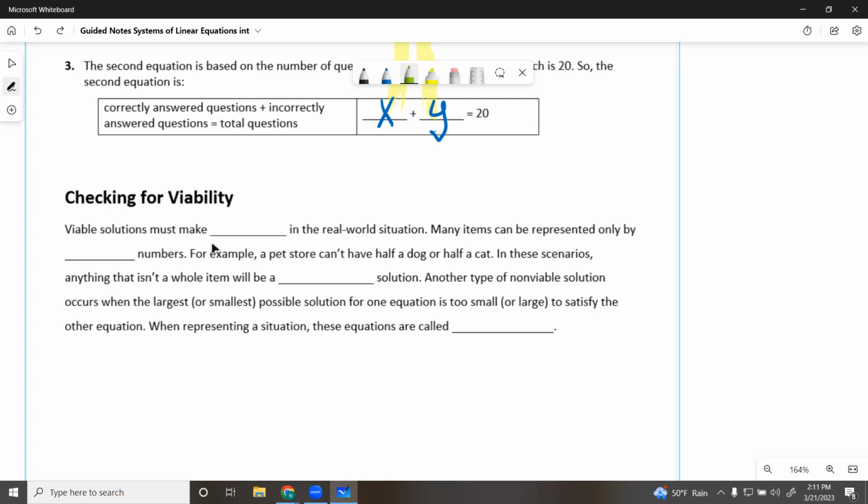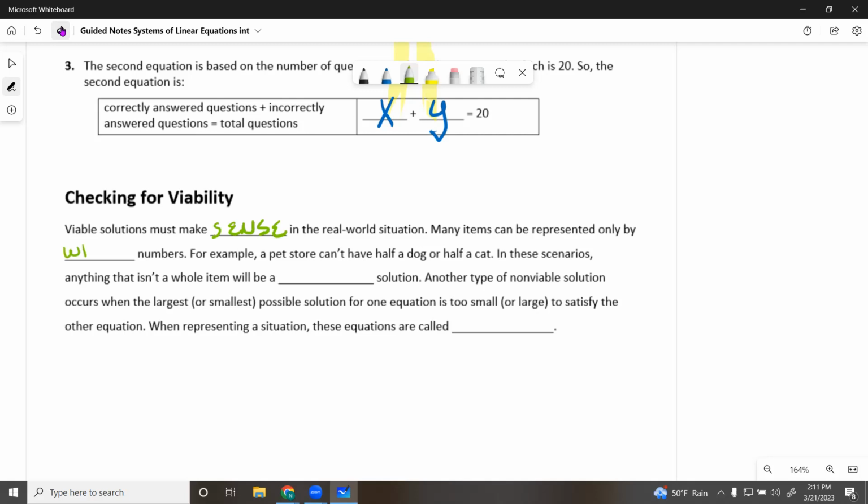We don't want you to get cheated. We don't want you to get the short end of the stick. So you want to make sure that the solution or the answer to your problem makes sense. So viable solutions need to make sense in the real world situation.